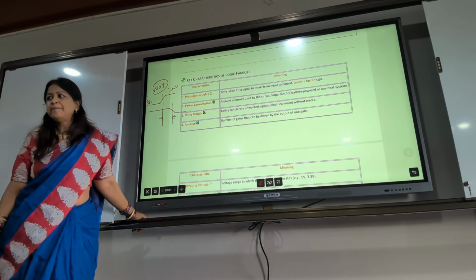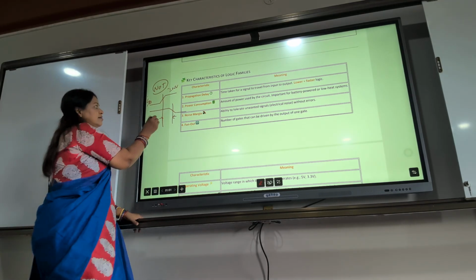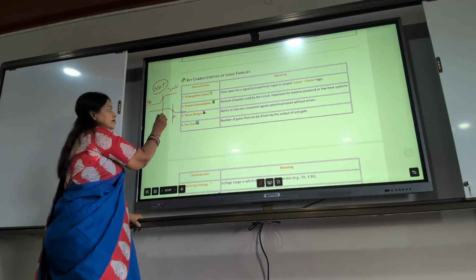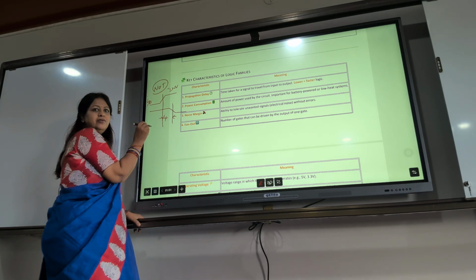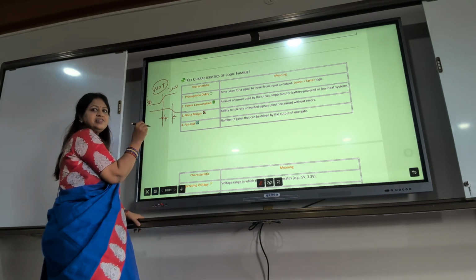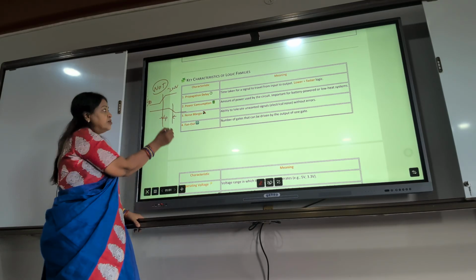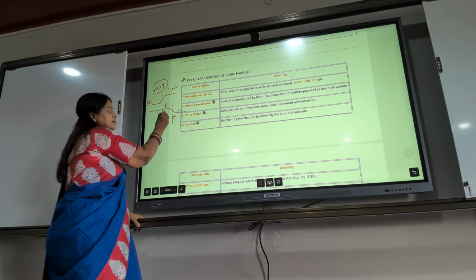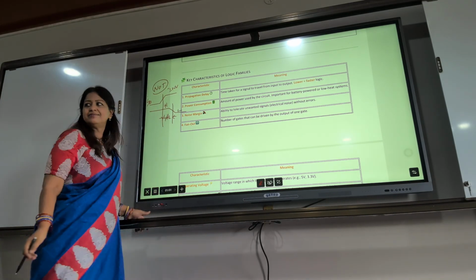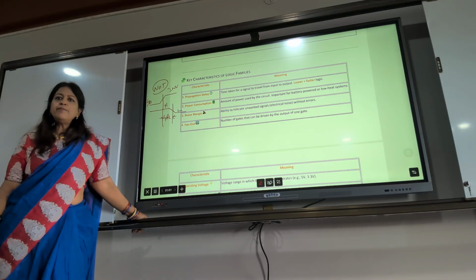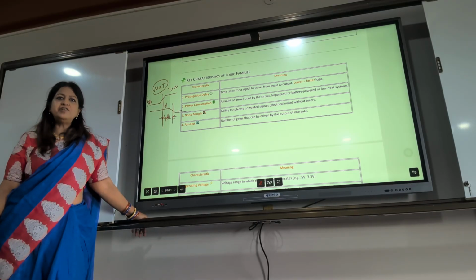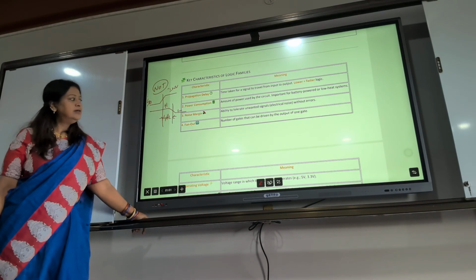What is the delay? What is it, HL or LH? It goes from high to low. HL. If it goes from low to high, then LH, otherwise HL.